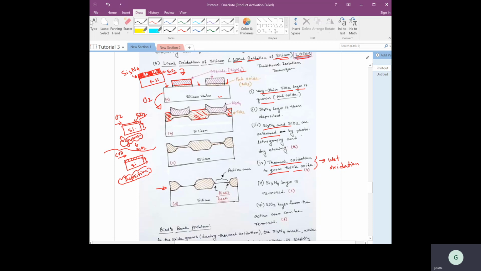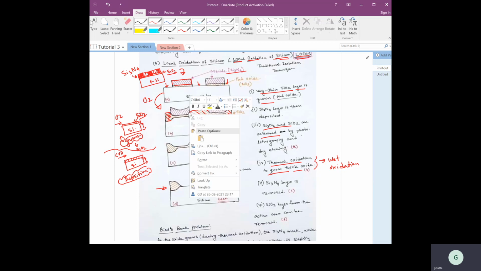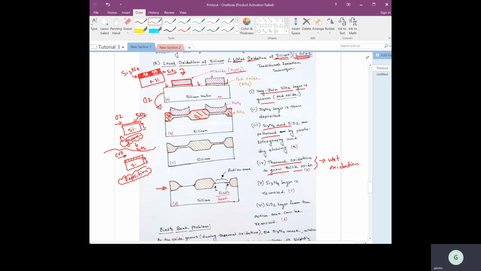But during this process, this silicon dioxide will try to pull this silicon nitride up, a little bit up from this region, because oxygen is coming and trying to react in this region. And due to stress, it will try to pull this up. And you can see the structure is basically becoming like this.